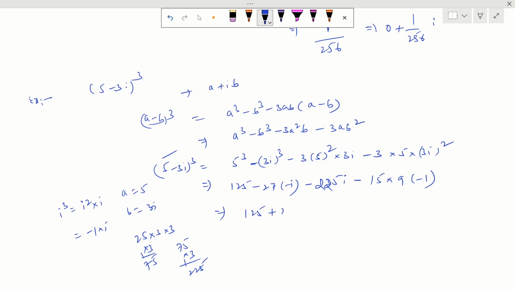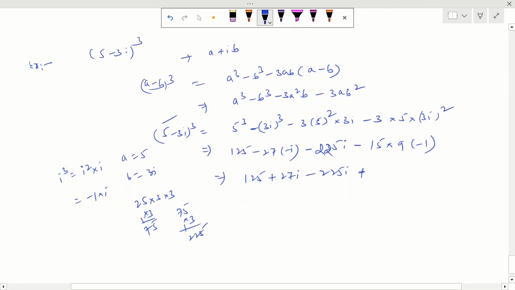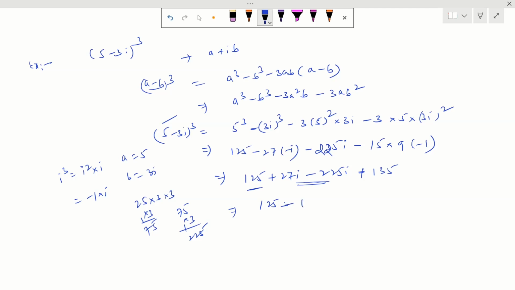Minus into minus is plus, plus 27i, 225i, and here minus into minus is plus. 15 into 9 is 135. So now 125 and 225 minus 27, that is 198. So it is minus 198i.